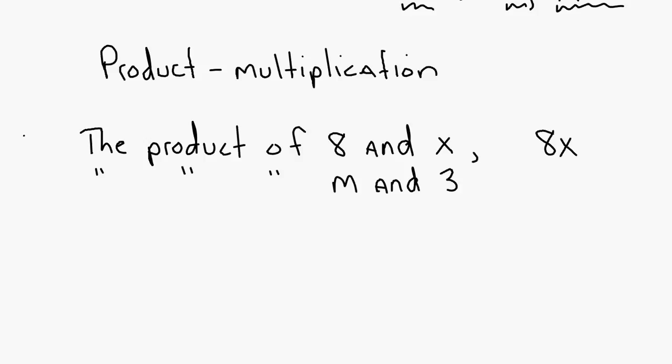So this would be 3m. All right, so if you were given the expression 7b, what's the verbal? Very good. The product of 7 and b.